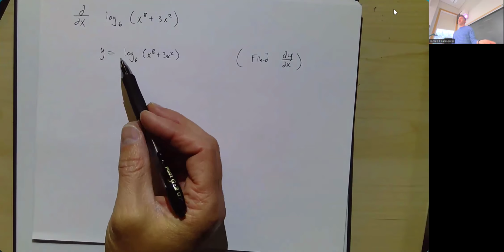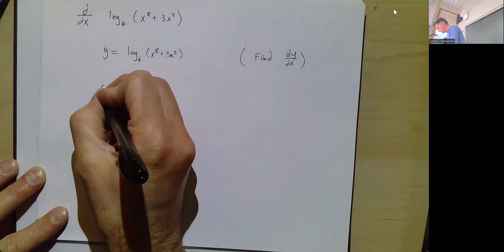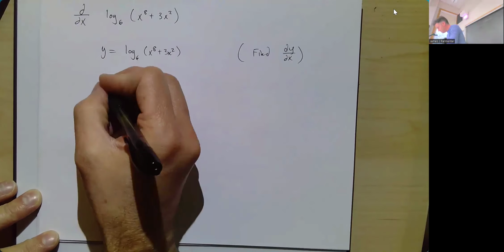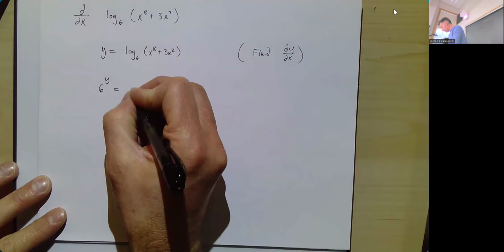That's why I encourage you, when you read this, don't just say log 6 or whatever, really say the word base. It'll help you remember the 6 is the base, the thing that's lower down. Like you think of music: the treble's up here, the bass is down there. The base is 6, it looks lower, it is lower. The base is 6, the power is y, and it's equal to the argument.